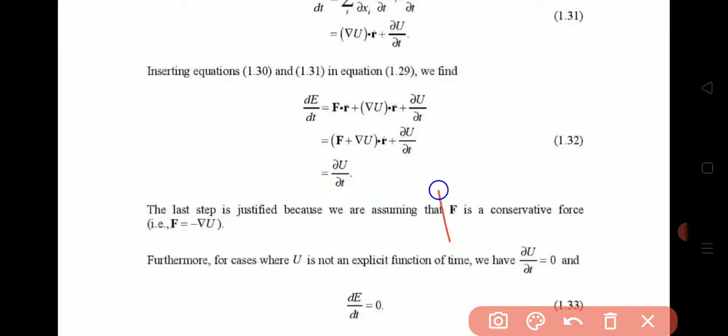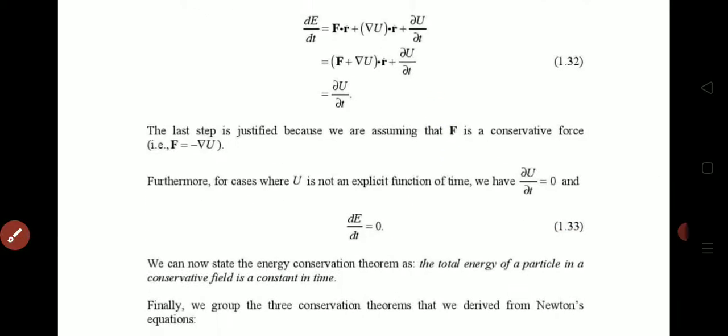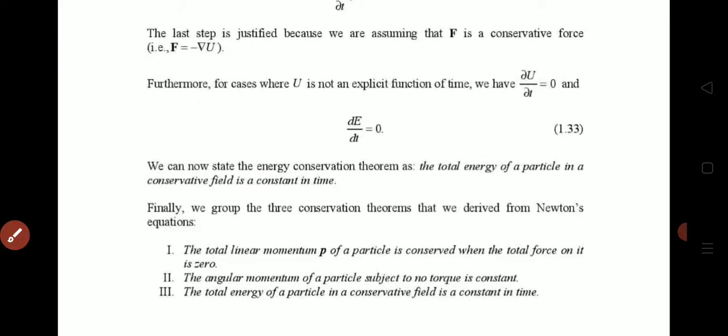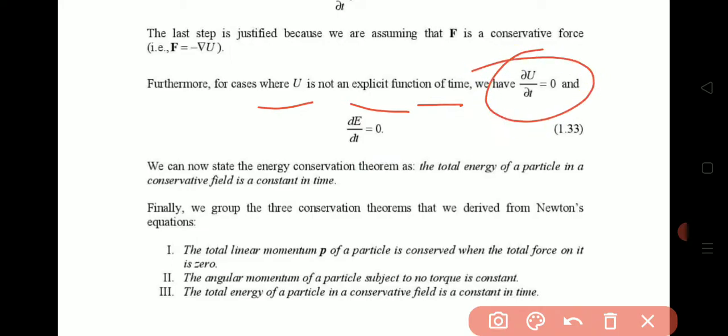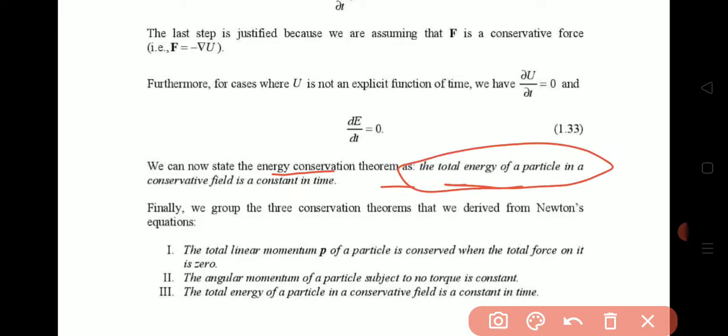Furthermore, for cases where U is not an explicit function of time, we have partial U by partial t equal to 0 and dE by dt equal to 0. This is equation 1.33. We can now state the energy conservation theorem: the total energy of a particle in a conservative field is constant in time.